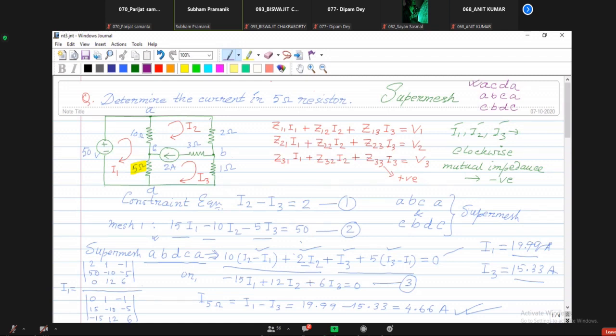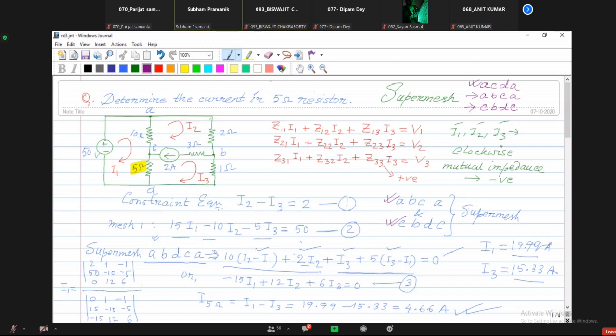But ABCA and CBDC contain a branch with a current source, or any other series circuit element, which is also permitted to stay.